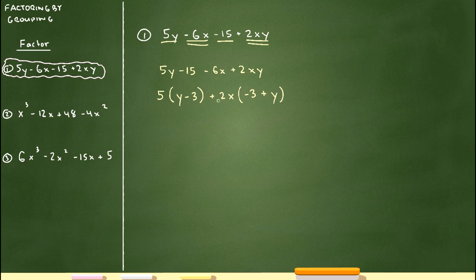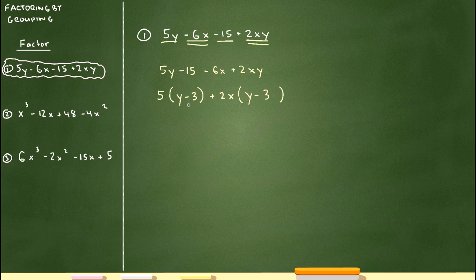Okay, now if you notice here, we have 5 times y minus 3 plus 2x times negative 3 plus y, and that's the same as y minus 3, right? So let me erase this, and instead of writing negative 3 plus y, I'll write y minus 3. It's no difference though.